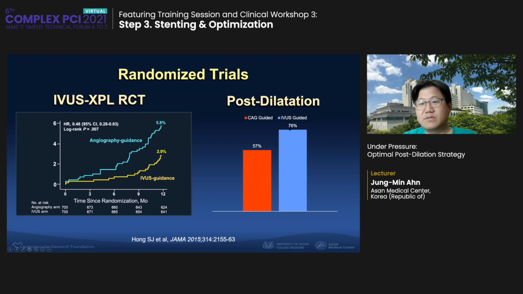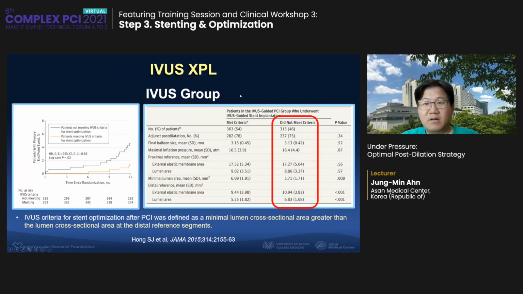So after IVUS evaluation, more frequent post-dilatation may be one benefit of IVUS guidance associated with better clinical outcomes.